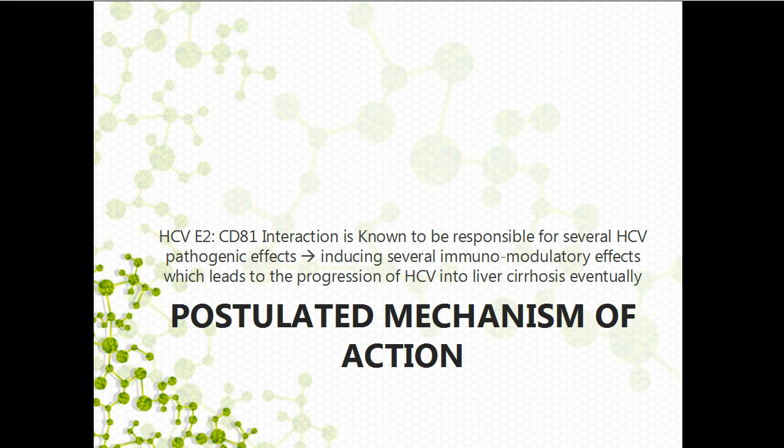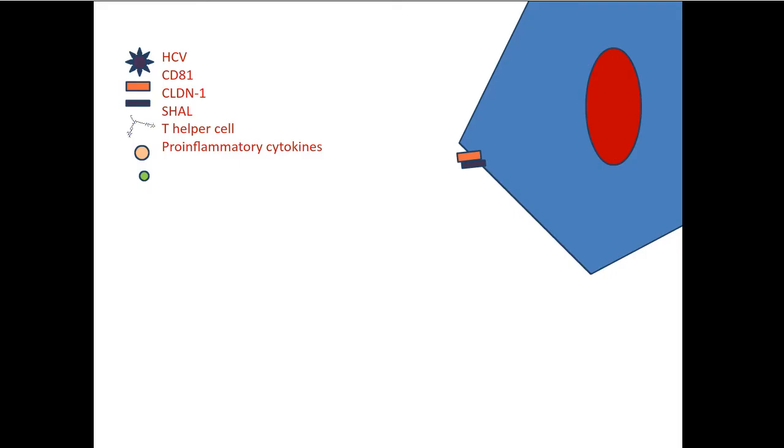So what is the postulated mechanism of action of such a drug lead, or hopefully a drug at the end? Usually hepatitis C virus interacts with several host factors like CD81 and Claudin-1 and several other host receptors on the hepatocyte, leading to the propagation of the infection.